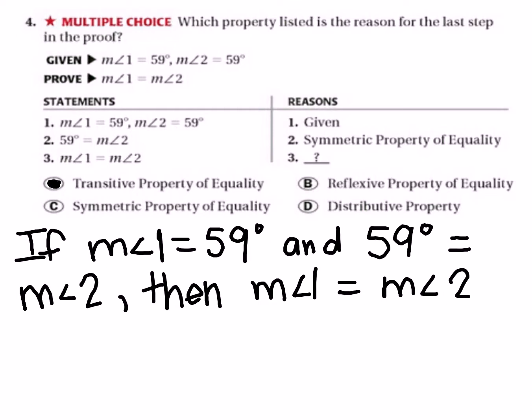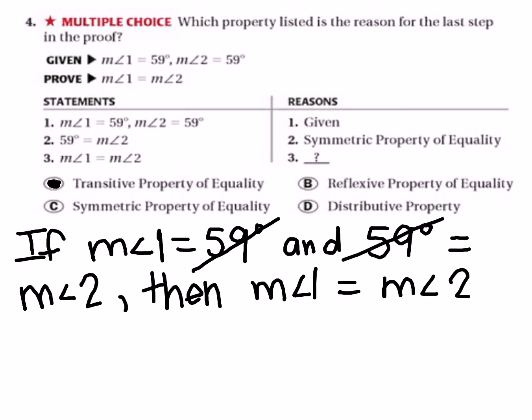Now, you think about transitive property, and remember we said it's very similar to our law of syllogism. This will be your first row, you got your second row, and now you have your answer part. If you look at the very first part, you have the if P, your P part. Which part do I see twice? The part I see twice, I want to cancel out. I see 59 degrees twice, so I want to cross that out.